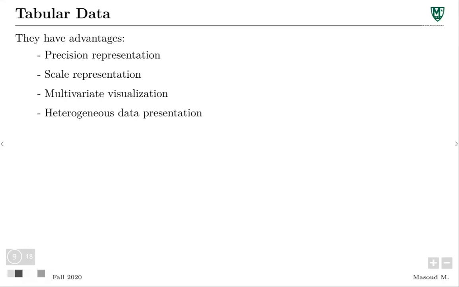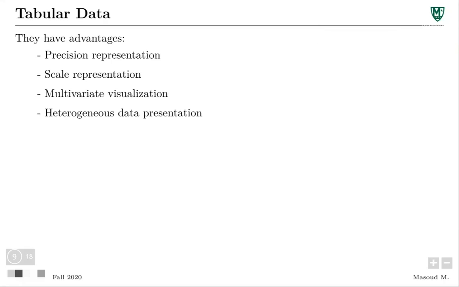That can easily be done in a table. When you have a table, you can represent the data with any decimal point as accurate as you want. Right? 12.567. The next value can be 10.052. The next value can go on. So you can give a precise representation.